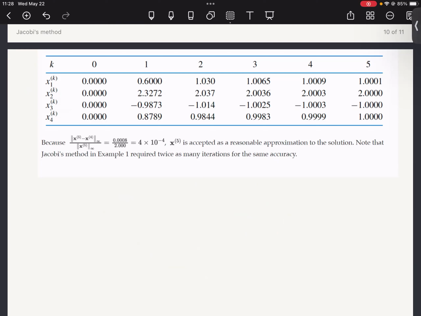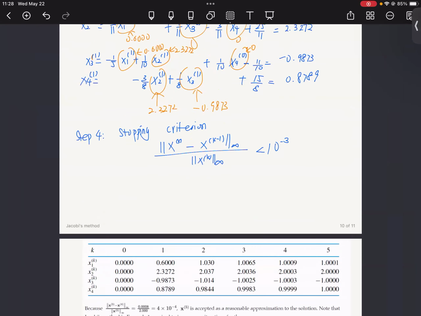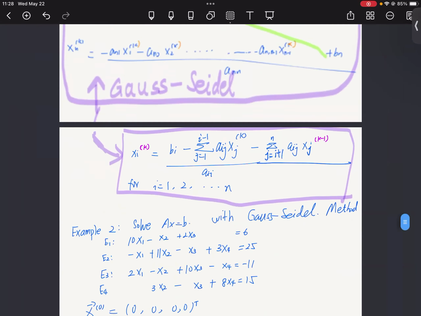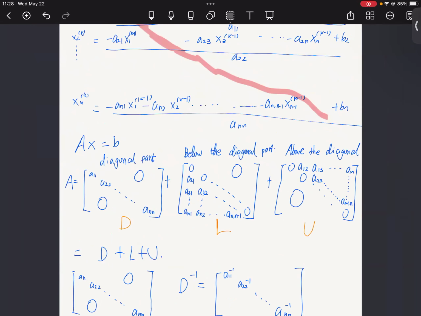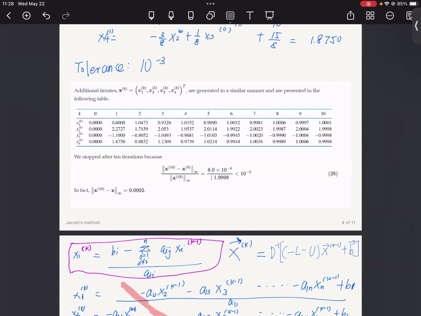And if you want to compare this with Jacobi's method, let's go back to Jacobi's method. We also have the numerical result there. This is the same problem. We are solving the same linear system of equations, with the same tolerance number, 10 to the negative 3.